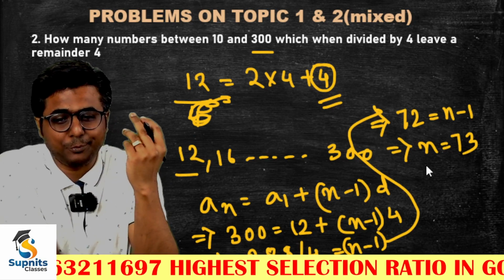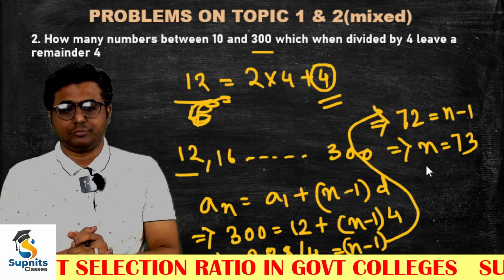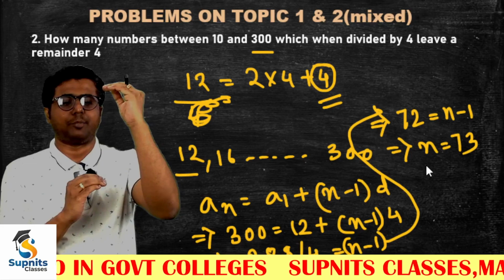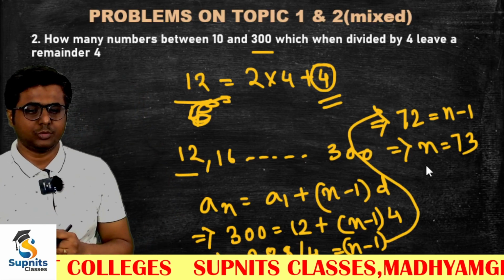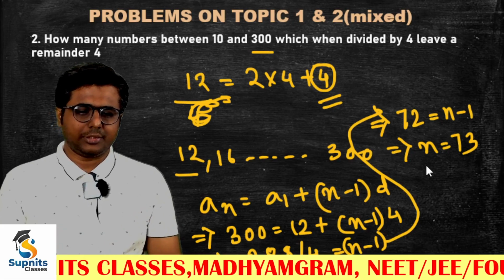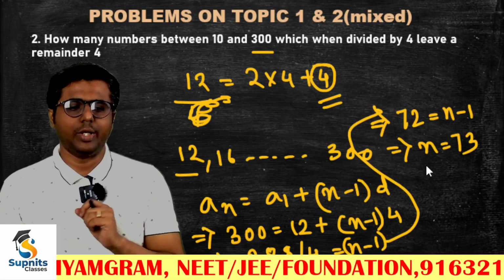Someone may not be so well versed with physics, but they attempted that question and their marks went up like this. That is a bit of luck, I understand, but that is why I am saying whenever this kind of problem comes, do attempt.